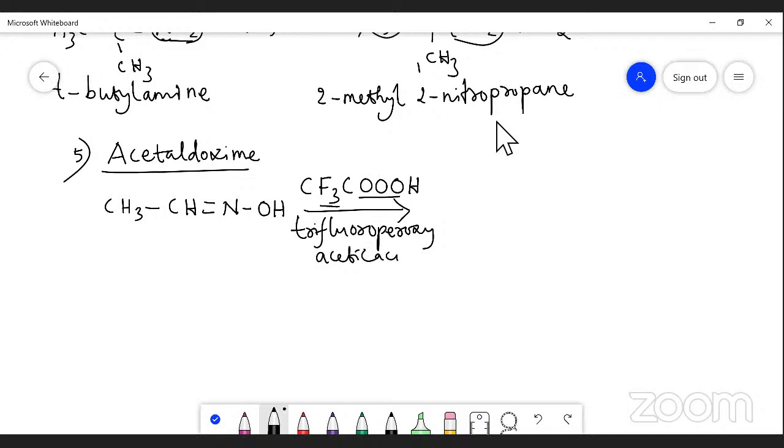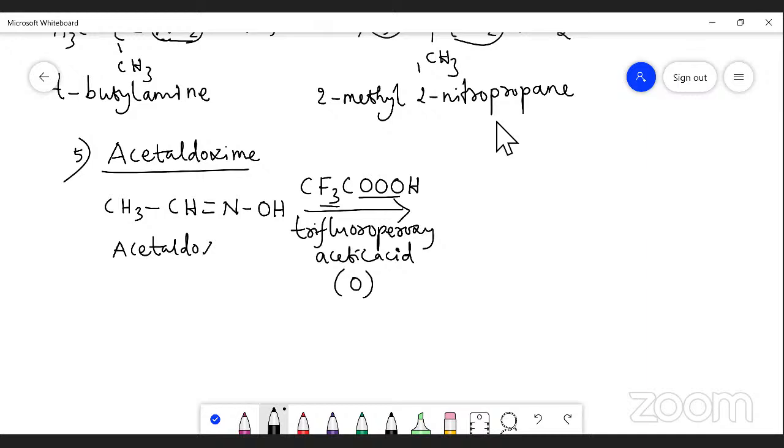So acetaldoxime is treated with a reagent called trifluoroperoxyacetic acid. Okay. When we take trifluoroperoxyacetic acid, it is nothing but an oxidation process only. So this is the acetaldoxime.